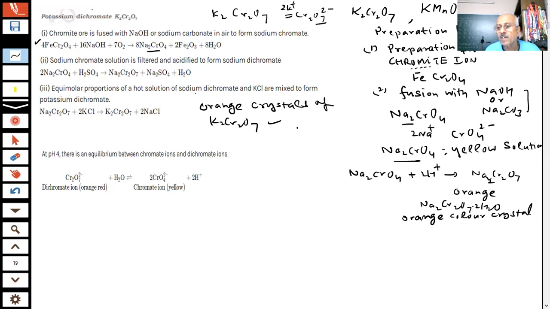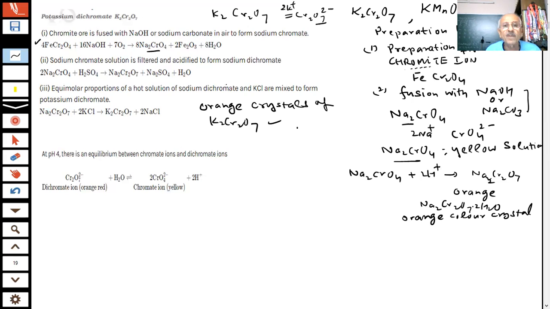They will say a yellow color solution is formed, and then this yellow color solution is acidified and treated with KCl to get orange crystals. Give the formula of these. Write down the formula and equations. So questions are put in many ways. Therefore, we should be able to identify that potassium dichromate, which crystallizes out, is the orange colored crystal.